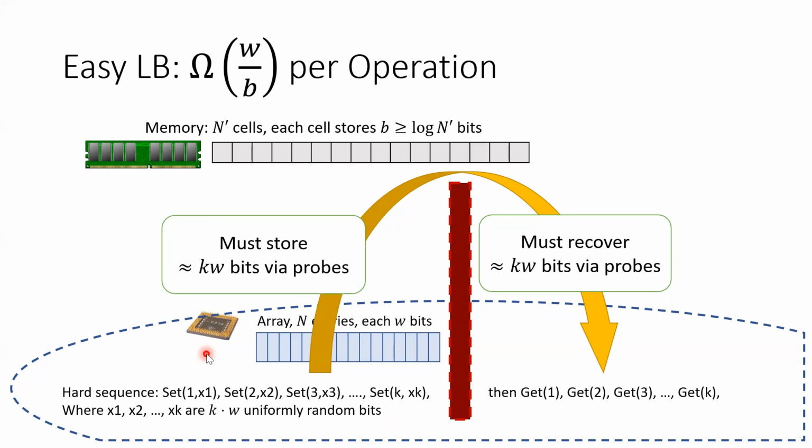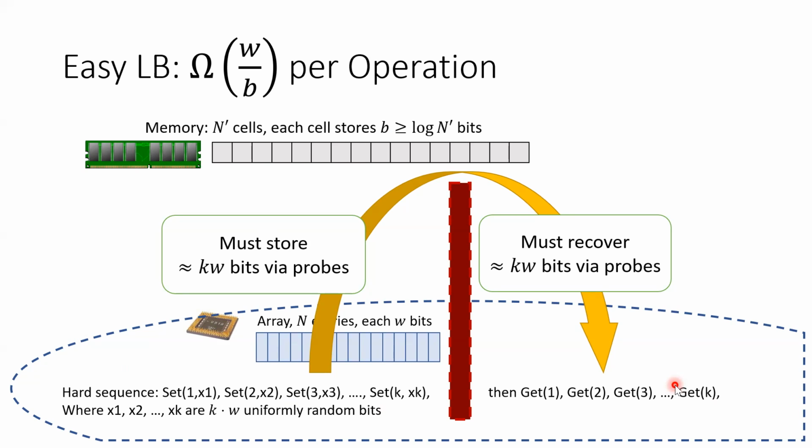And similarly, during the get sequence, if the algorithm wants to restore this long random string correctly, it has to read something, maybe a crazy encoding, from the physical memory. So this is the intuition for our easy lower bound.